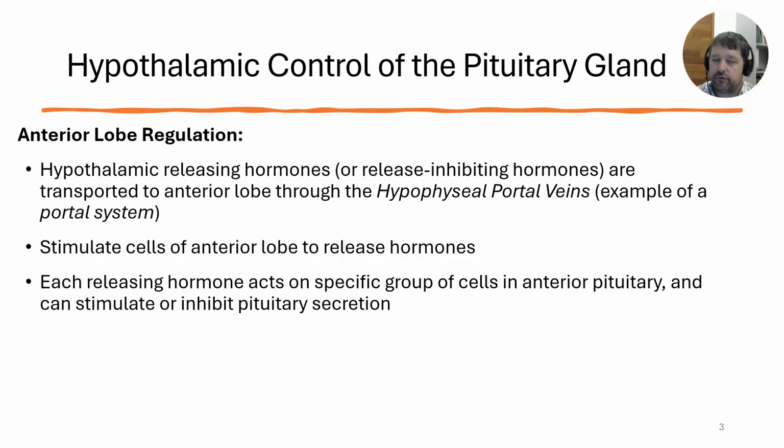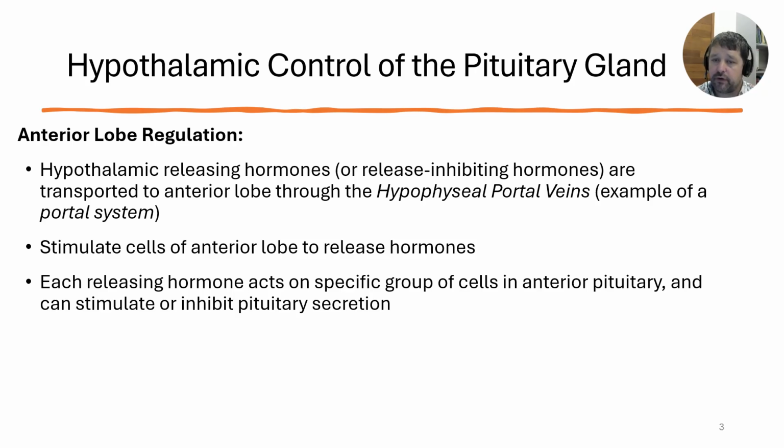It's going to have these hypothalamic releasing hormones or inhibiting hormones. So it can release stimulating hormones or inhibiting hormones, and that travels via a vein connection to the anterior region. That will stimulate the anterior lobe to release its own hormones.